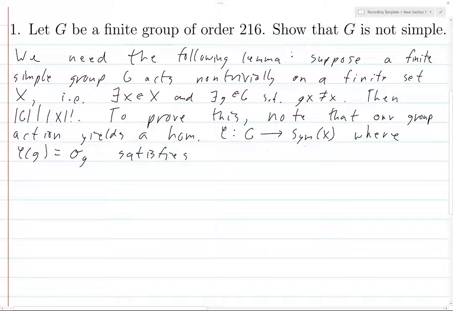I don't know what the right word to use here is, but it's all the same idea. What we're doing is just moving the elements of X around, and for permutations we typically use sigma. So sigma g is such that for all x in X, sigma g of x is equal to g of x, just the action of g on x.